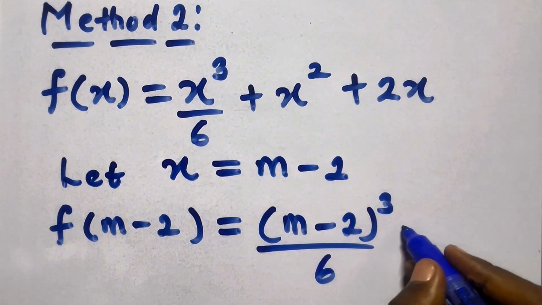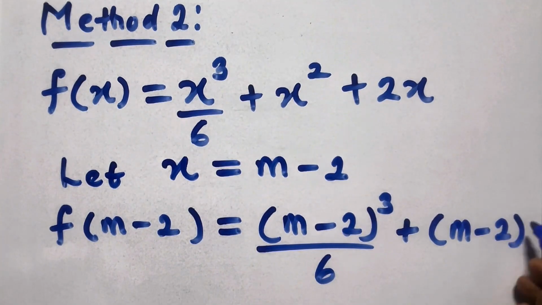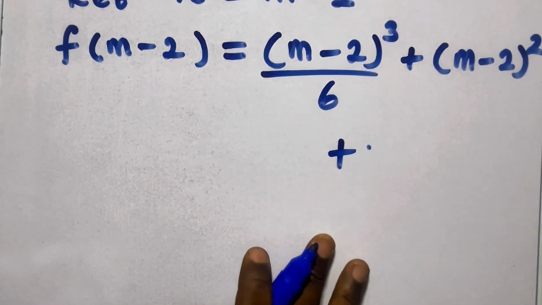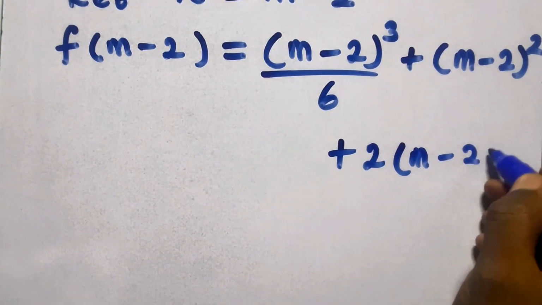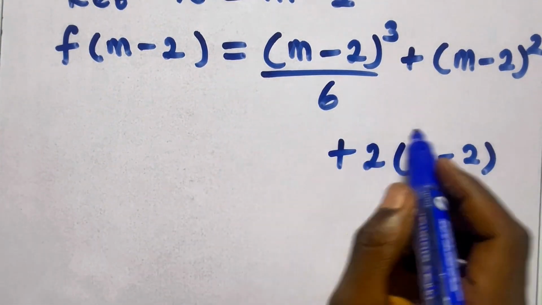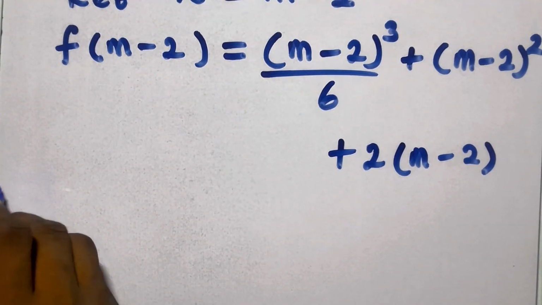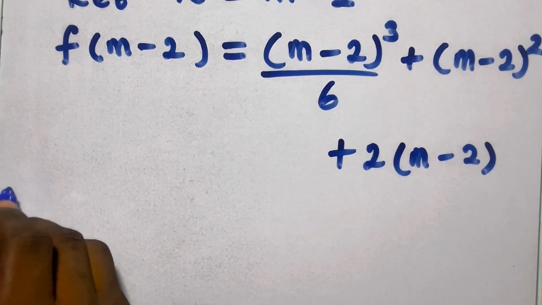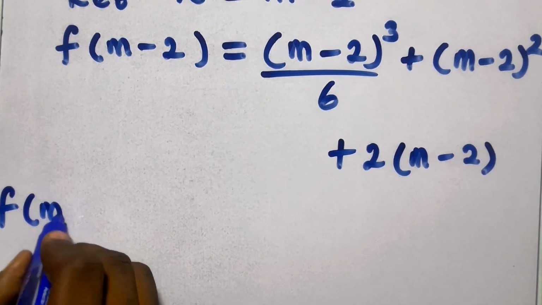All right, then we have plus m minus 2 squared, then plus 2 times m minus 2. So by expanding the brackets, we are going to have f of m minus 2.